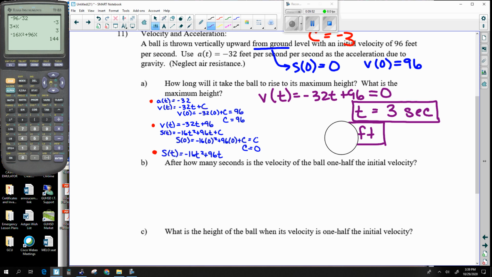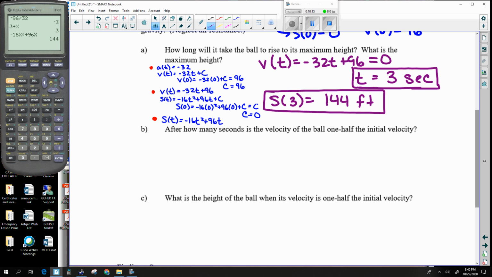Sorry. Let me include that in the notes as well. So how long will it take to reach the maximum height? It'll take 3 seconds. What is the maximum height? That's 144 feet.